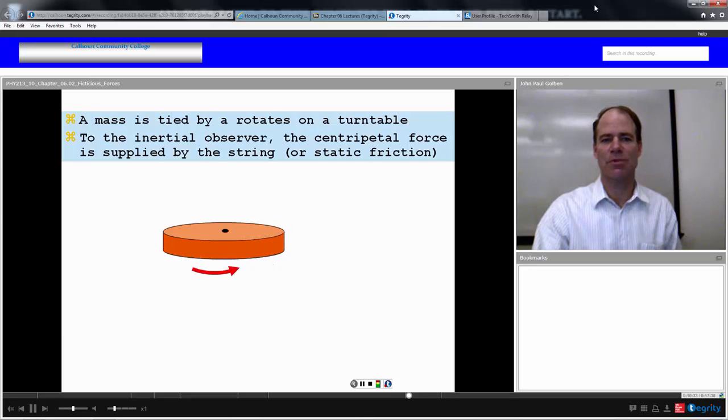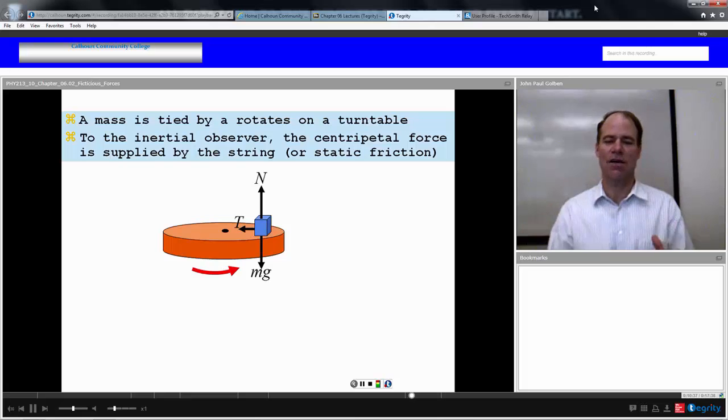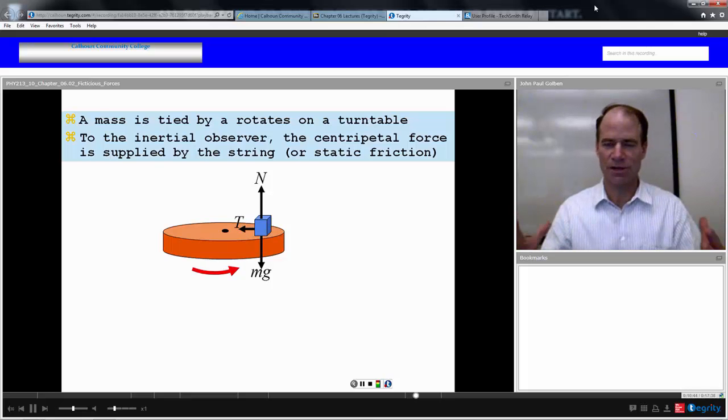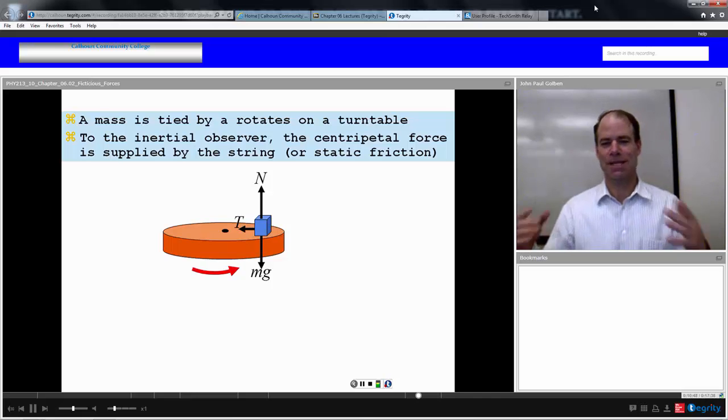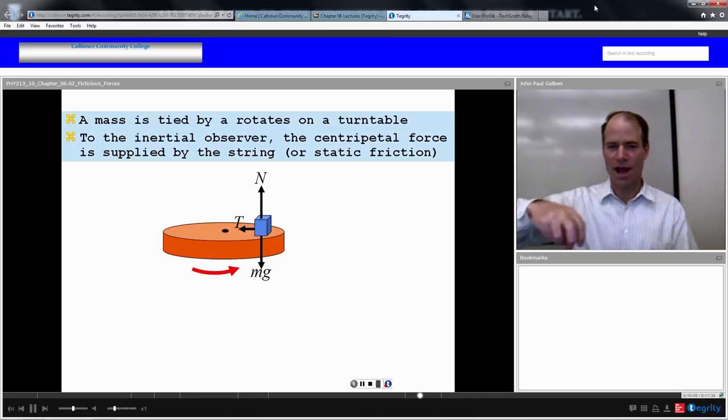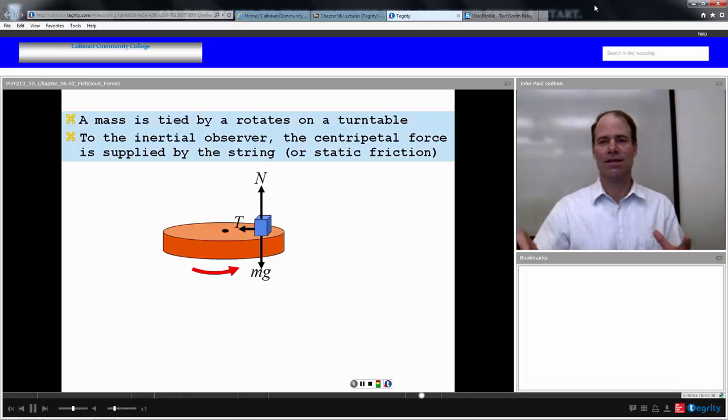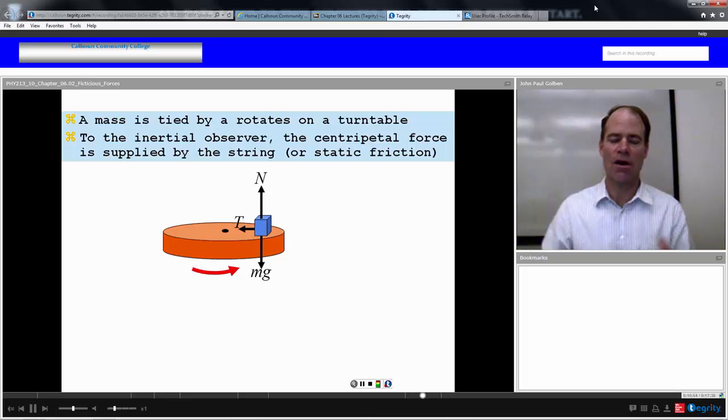Here's another example of a centrifugal force. Say you had a mass sitting on a turntable. A turntable is one of those old devices that used to move things that we called records to play music. So a turntable is going around. We put an object on it, and what's keeping it moving around on that turntable would be static friction.